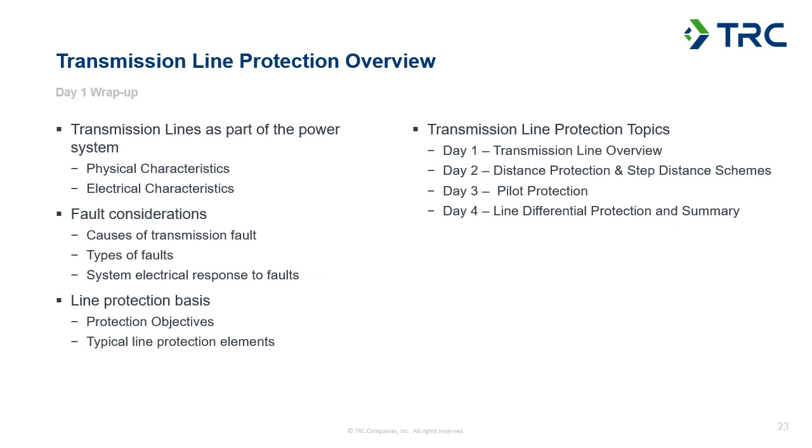We also took a look at some fault considerations, causes of transmission line faults, the types of faults we can expect, and some of the system response to faults and what factors impact those, whether it be fault location or system outage considerations. And lastly, we did a little bit of an overview, just scratching the surface on some of the basics of transmission line protection, and we're going to dive into a lot more detail on that in the next couple sessions.